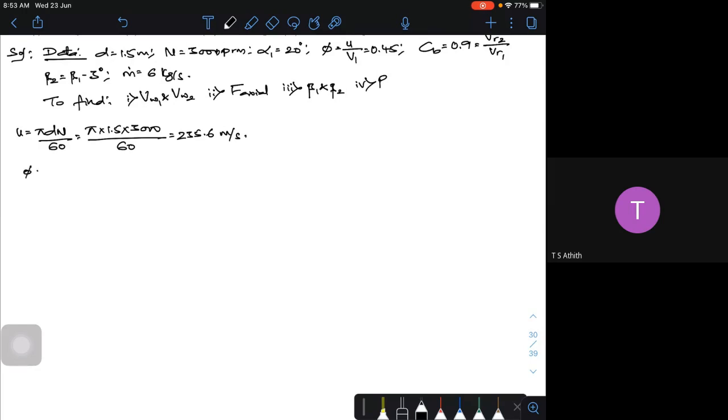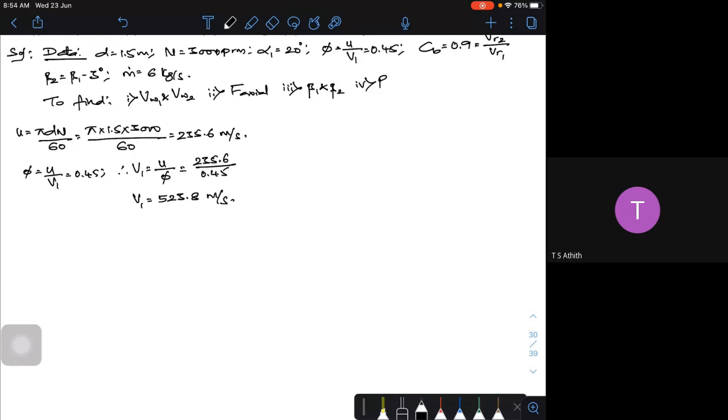We know that phi is equal to U by V1, which is 0.45. Therefore, V1 is equal to U by 0.45. U we just found is 235.6, divided by 0.45. Therefore, V1 I'm getting around 523.8 meters per second. You can round it off to 524.